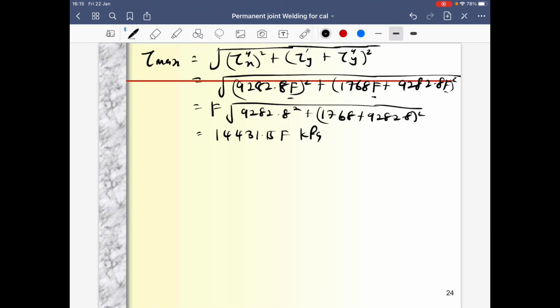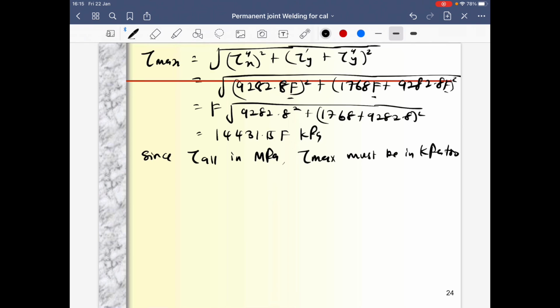Then now you have to compare the tau max that occurs inside the weld, compared with what? The permissible shear stress that is given in the question. But before that, since our maximum shear stress is in kPa, and since the allowable shear stress or permissible shear stress is in megapascal, our tau max needs adjustment a bit, so it must be in MPa too.